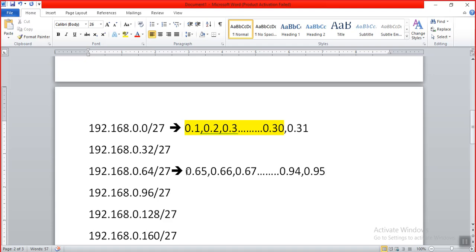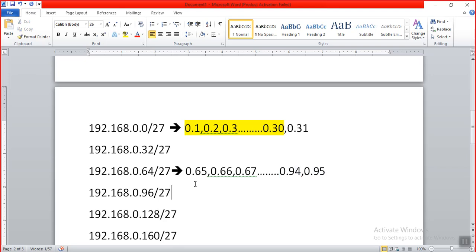So 0.64 is the network, 0.65 first IP, 66, 67, 68, 69 and so on. But the next network is 96. Before this 96, 95 is the broadcast and the last IP is 94.